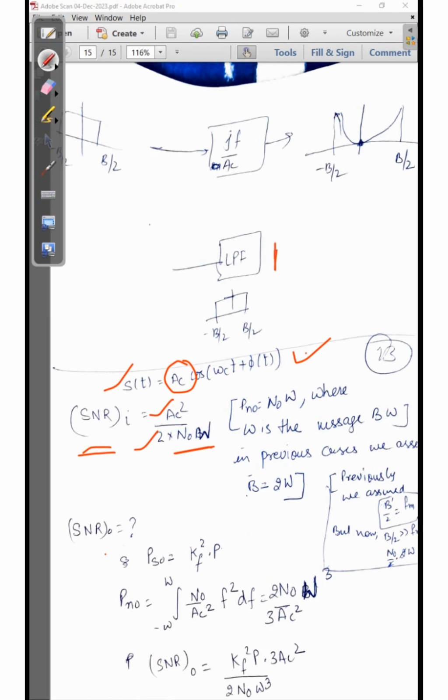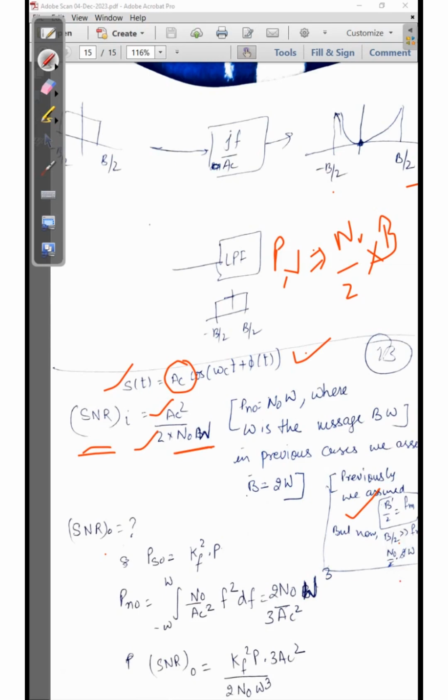it would be, we were writing that the noise spectral density is N naught by 2 and the bandwidth of the filter from minus b by 2 to b by 2. But what actually happens is, in the previous cases we assumed that our bandwidth by 2 was equal to fm, right? But now my bandwidth by 2 is much greater than fm, so n naught by 2 is 2w.